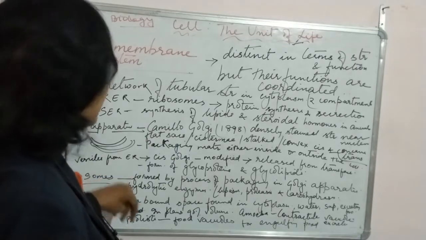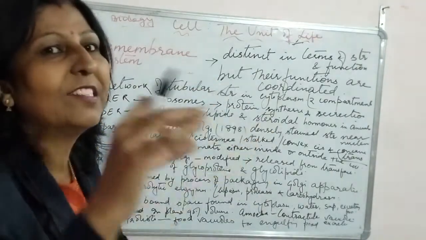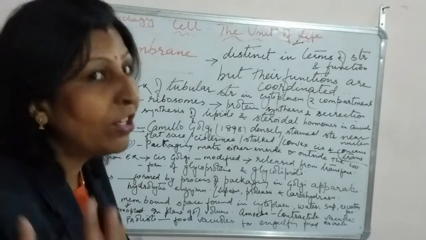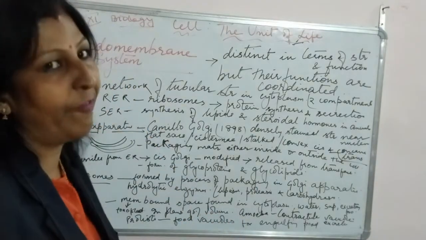How it functions: the vesicles come from the rough endoplasmic reticulum.